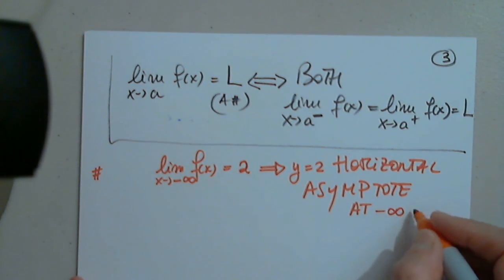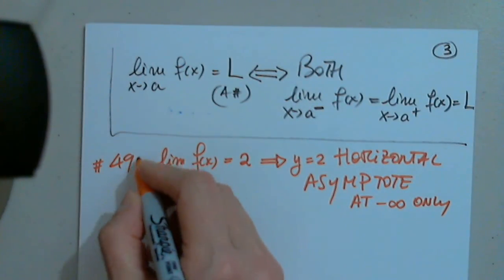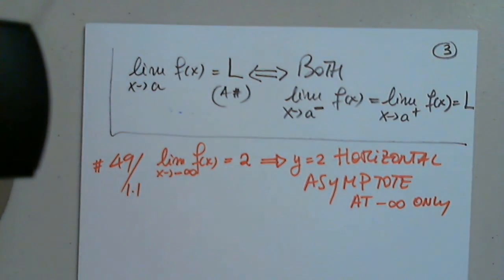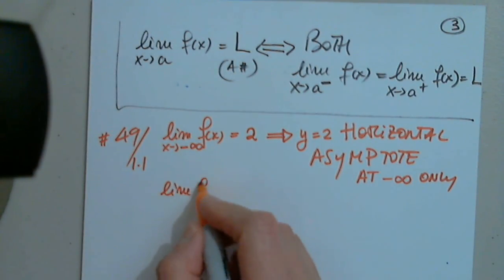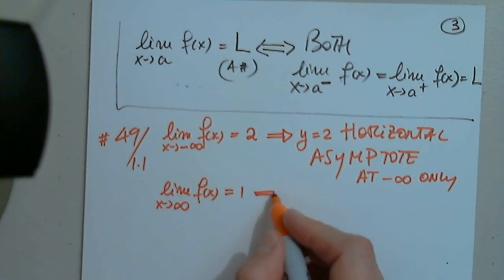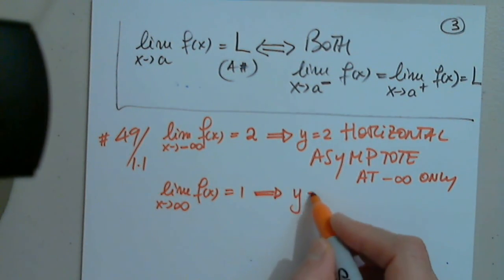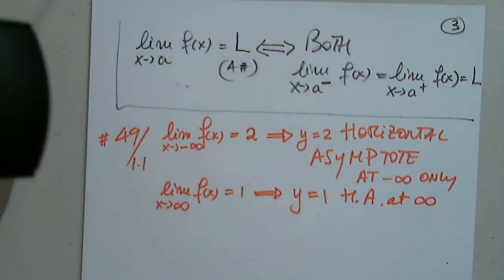At negative infinity only. 49. Thank you very much. 49 in 1.1. Thank you. Also, limit of f of x as x approaches infinity was 1, which means exactly the same. Y equals 1 is a horizontal asymptote at infinity.